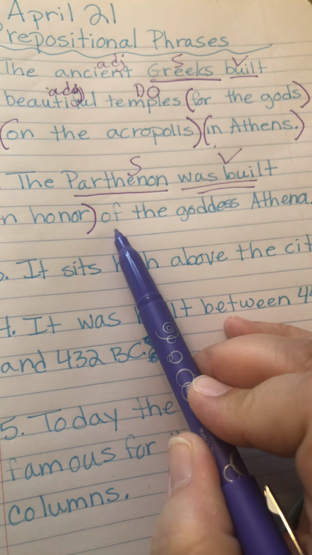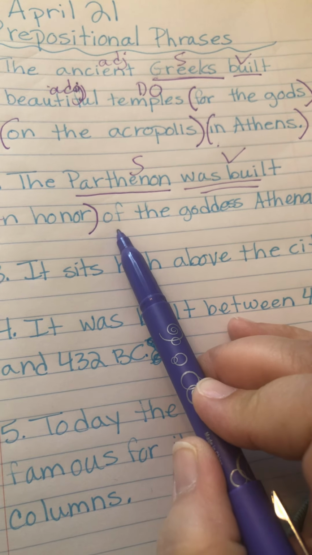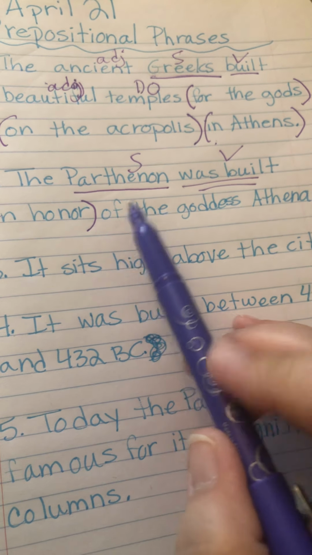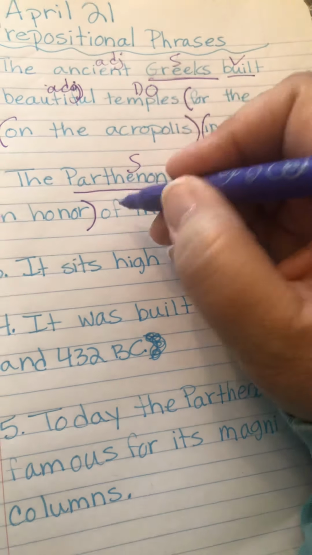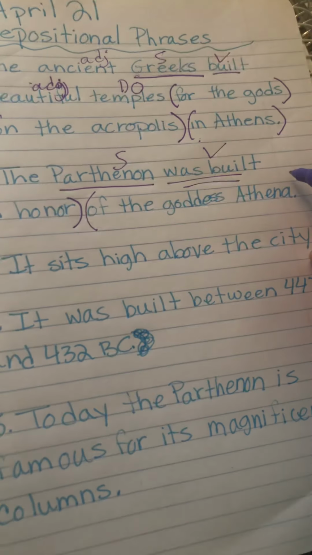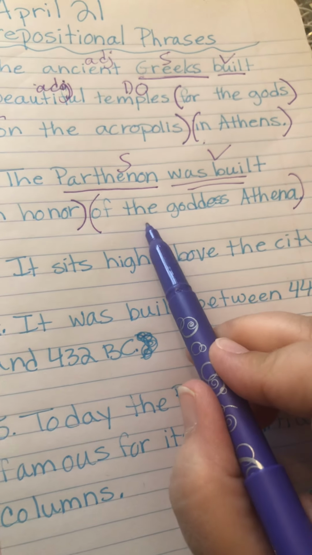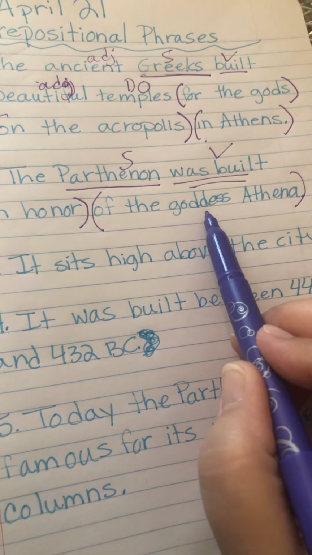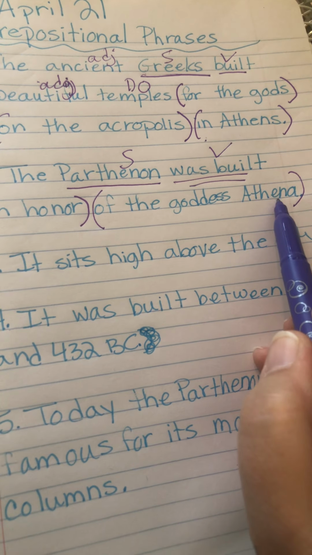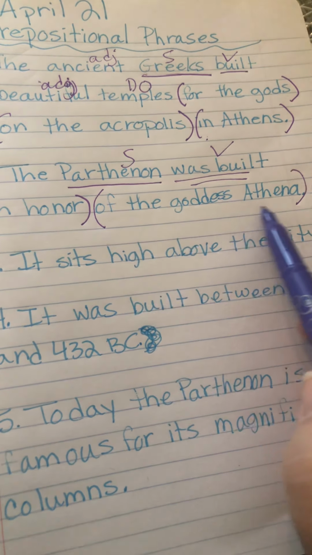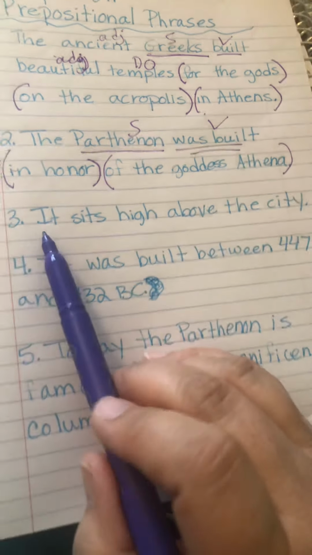Of is also a preposition. Of what or whom? Athena. So I put my parentheses. The, we know, is an article, and goddess is describing Athena. So this is our entire prepositional phrase.